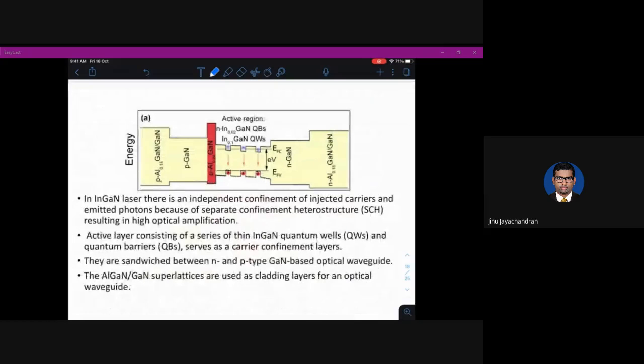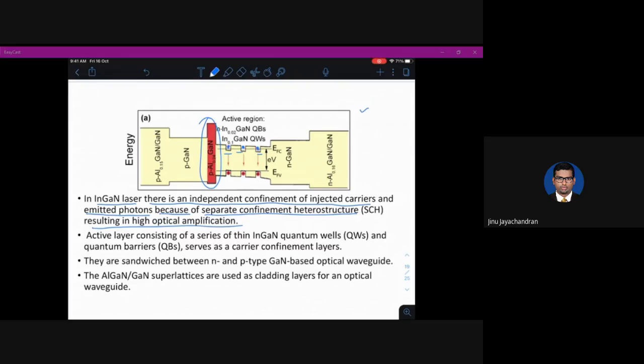So this diagram is basically the same as the band diagram that I have shown previously. Same thing, you have the high layer of the quantum barrier, and then you have the quantum wells where you have the charge carriers. Okay, so in the gallium nitride laser, there's an independent confinement of injected carriers and emitted photons because of the separate confinement heterostructure, resulting in high optical amplification. So there's a confinement of carriers, which is basically inside this well.